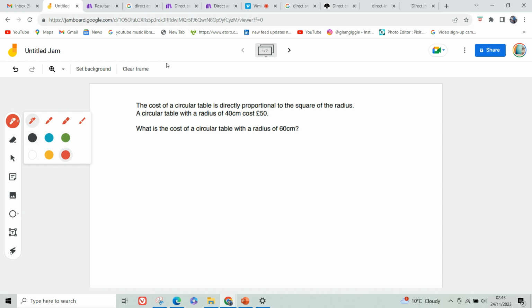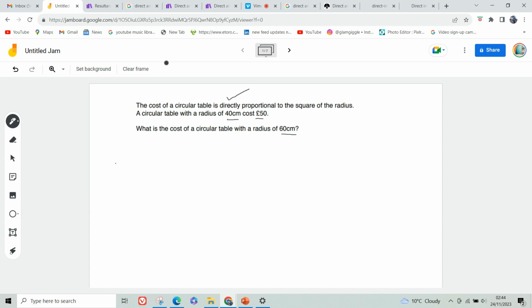Okay, now what the question says is the cost of a circular table is directly proportional to the square of the radius of the circular table, with the radius given and the cost given. What is the cost of a circular table when the radius is this? Okay, now let's see. For the first thing, it says that you have to use direct proportionality.